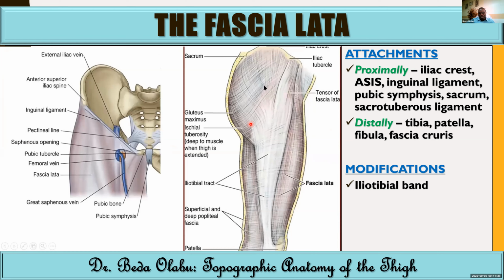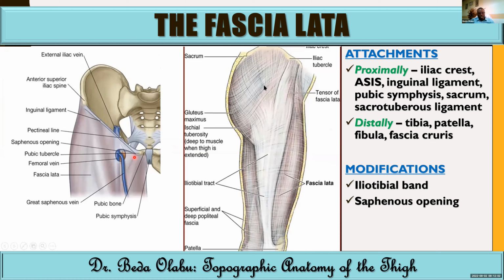So two muscles insert into the iliotibial band: gluteus maximus posteriorly and tensor fascia lata anteriorly. We'll expect tensor fascia lata to be somewhere here and gluteus maximus to be somewhere here. They both insert into the iliotibial band, which is the thickening of the fascia lata.